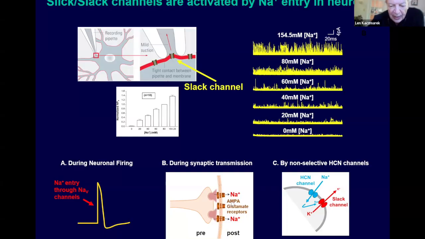When an excitatory transmitter is released from a presynaptic terminal, it opens glutamate receptors that let sodium into the cell, and that can also activate SLACK channels. Finally, there's a third way, which I'm not really going to talk about, but it's actually a very interesting interaction. There's a class of channels called HCN channels that are hyperpolarization activated channels, sodium channels.